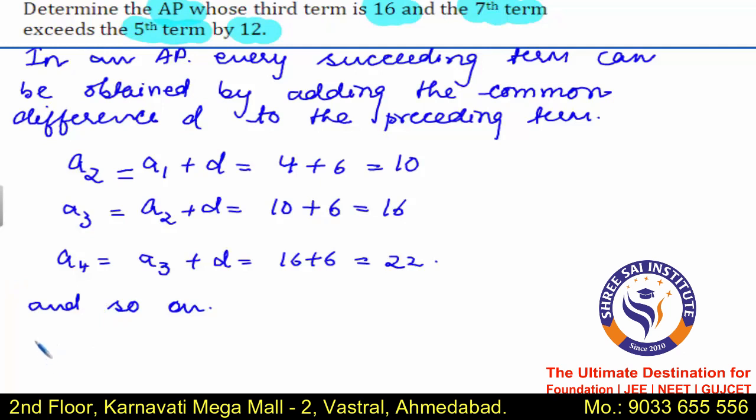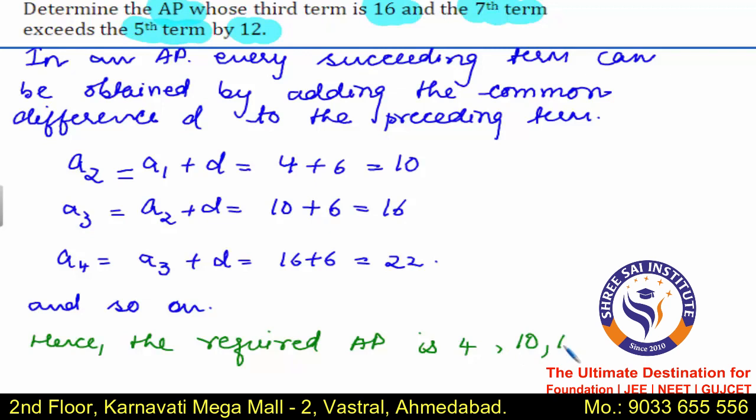Hence, the required AP is: the first term is 4, second term is 10, then we have 16, then 22, and so on. This completes the solution.